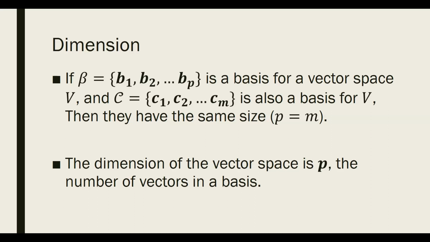The proof, however, does come from the fact that the two bases span and the two bases are both linearly independent. So if they had different sizes, either one of them couldn't span or the other one couldn't be linearly independent.